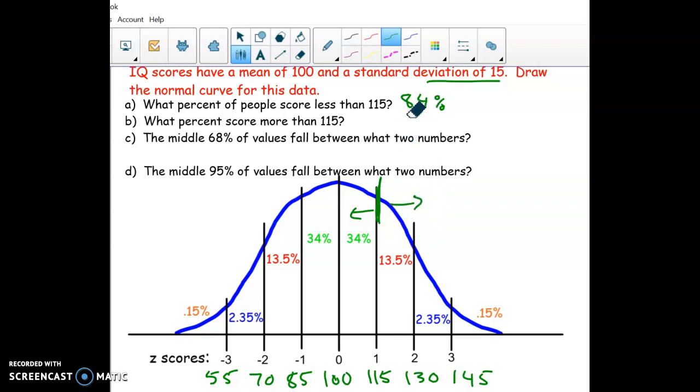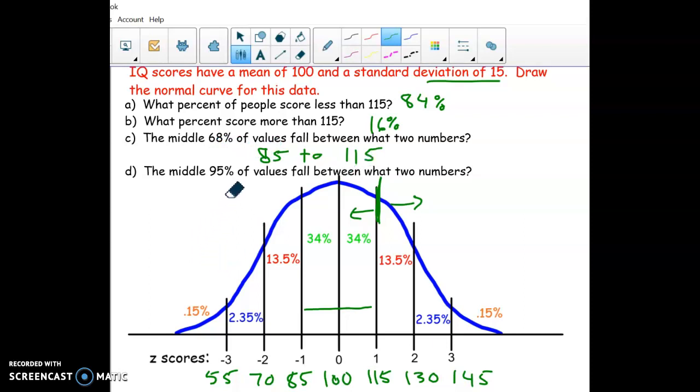If less is 84, then it's 16% here. And you can add up all those little chunks and get 16%. The middle 68 is just these two 34s added together. So that would represent 85 to 115. So most people's IQs, almost 2/3 pretty much, 68%, fall between 85 and 115.